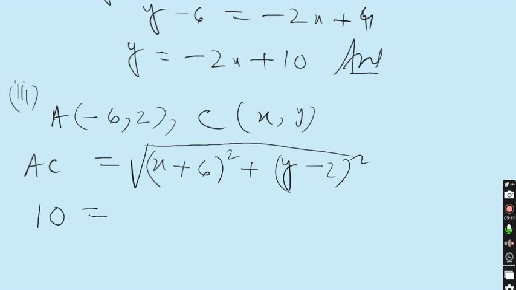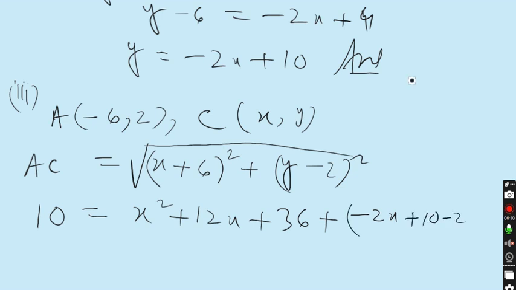Now (x + 6) whole square, x square + 12x + 36, plus, put the value of y from the equation of BC. You can see on your screen y = -2x + 10. So replace this y by -2x + 10, and minus 2 is already present, whole square.